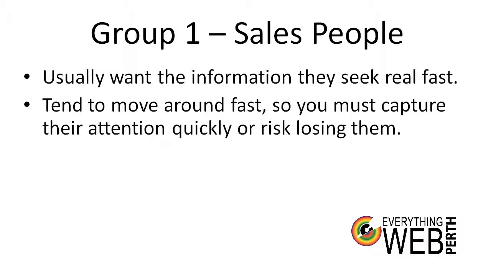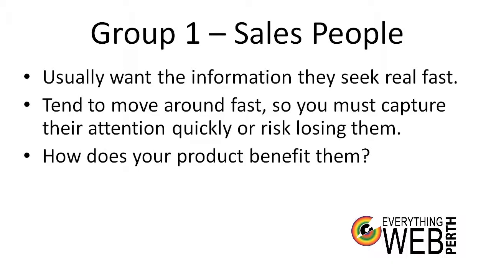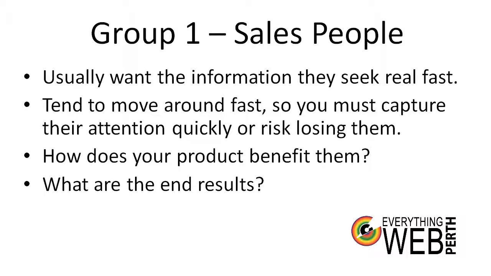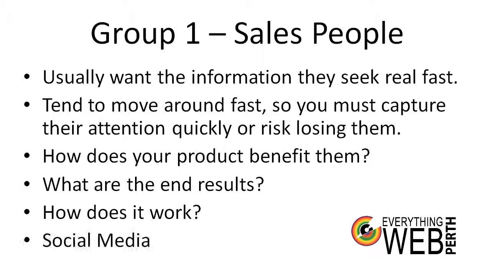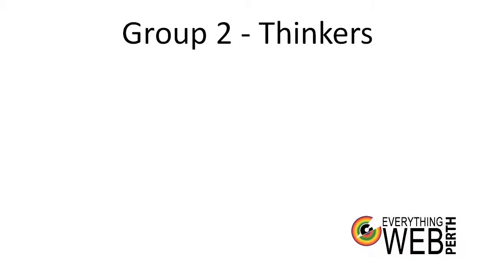These types of people want the information they seek really fast, and they tend to move around fast. So you've got to capture their attention quickly, or otherwise you're going to risk losing them. You've got to answer the questions: how does your product benefit them? What are the end results? How does it work?